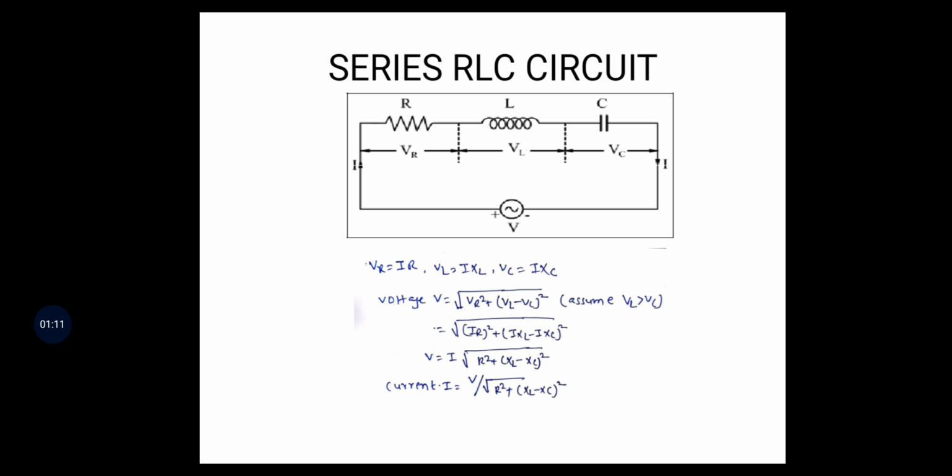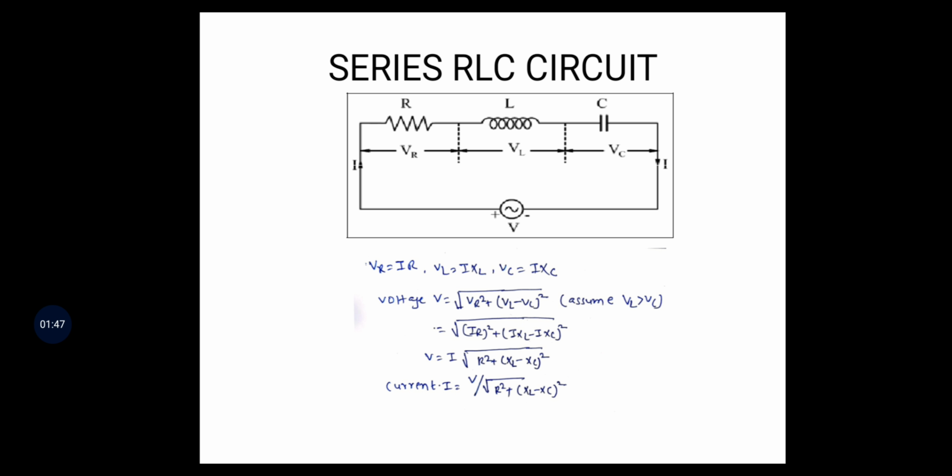We previously discussed series RL circuits and RC circuits, and we drew the phasor diagram for series RL circuit and RC circuit, and we found the impedance, current in each element and voltage in each element, and also power, voltage equations, current equations, like that. In this series RLC circuit also we discuss all these topics.